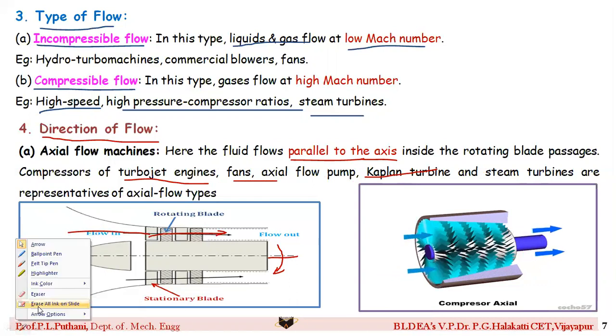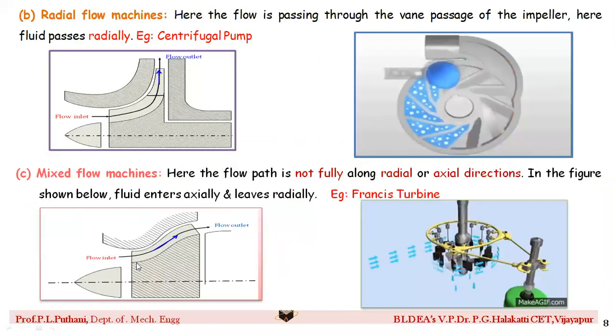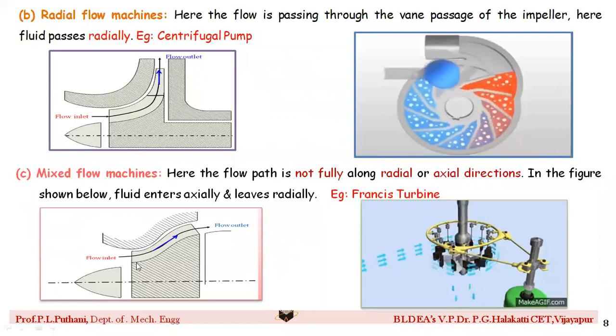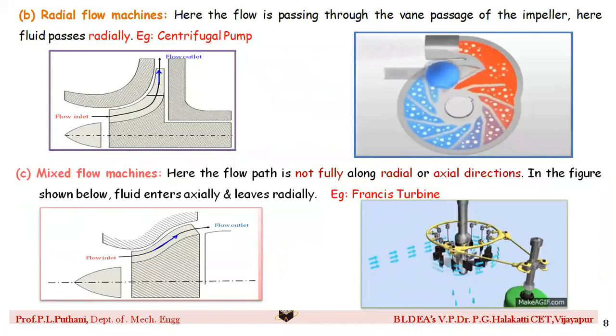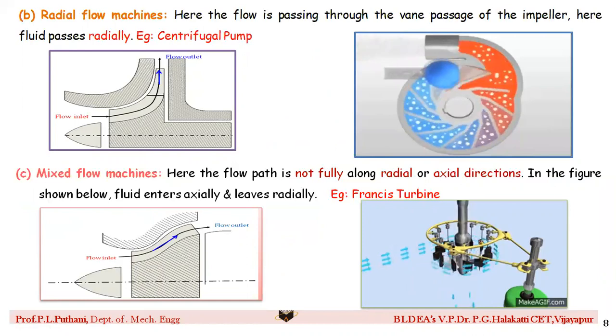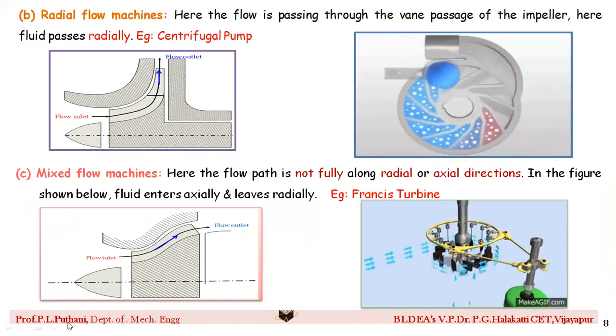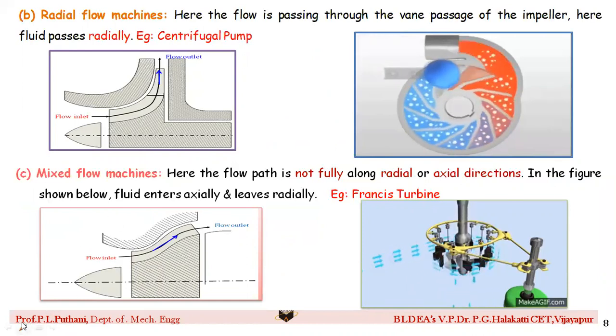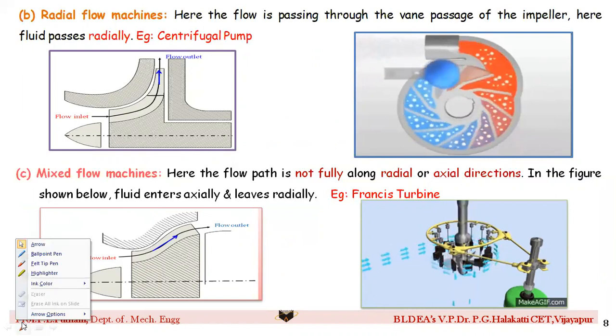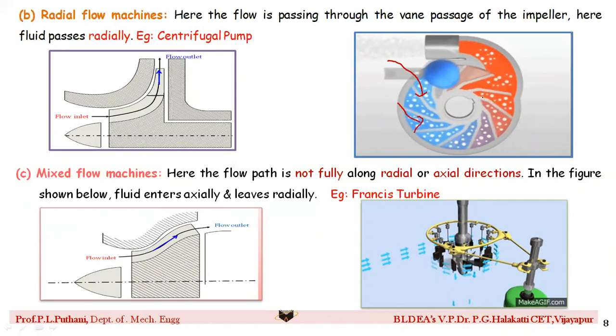Similarly, we have the radial case also. If you observe the second case, the radial flow machines, the flow may be radial inwards or radial outwards. Here the water is entering radially and then leaving radially outwards also.